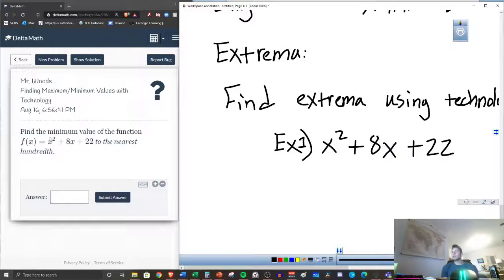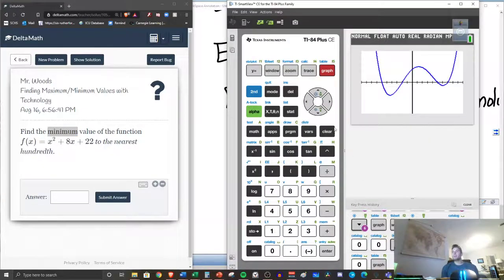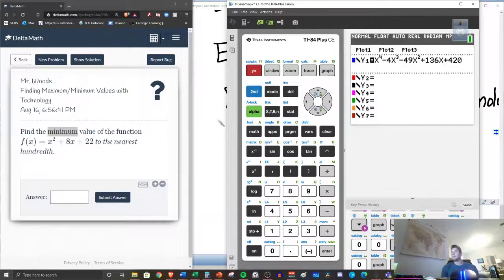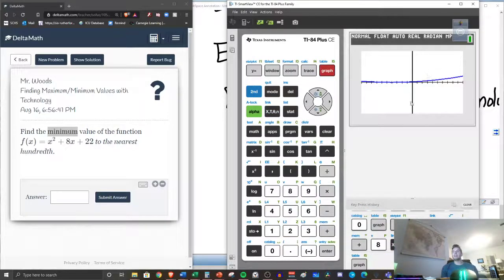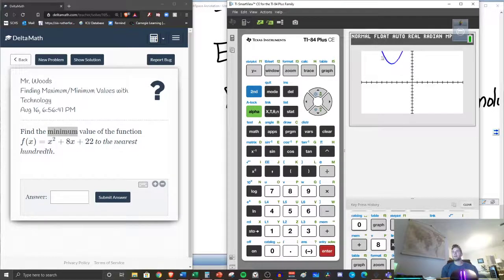It wants the minimum value of that function. So let's show this with the 84 series. I'm going to clear this. Let's type it in: x squared plus 8x plus 22. If I graph it, you can see right now that it's not very clear. If we hit zoom and then standard number 6, it should fill in our standard array. Okay, so there we have our graph.